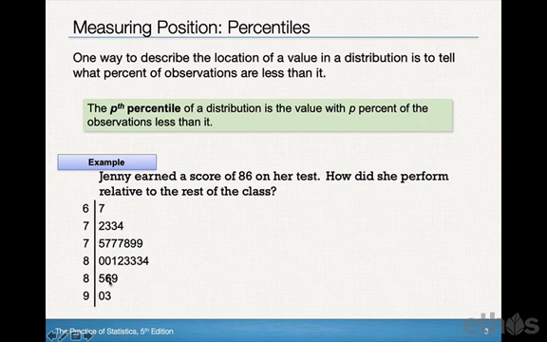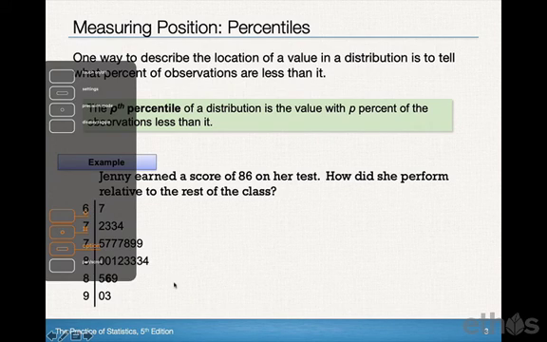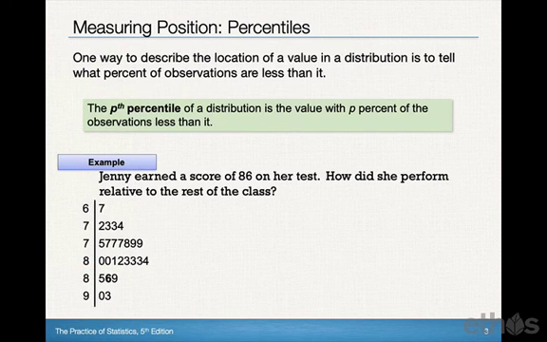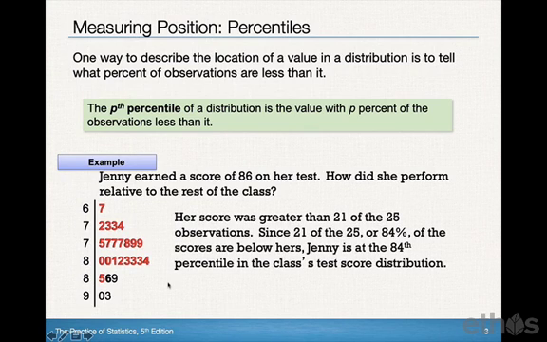Then you notice Jenny's score of 86 is the 22nd data point in the distribution, so it has 21 data points less than it out of 25. There's where you get your percent. 21 out of 25 is the 84th percentile. Make sure you don't say 22nd out of 25 by counting Jenny's score. Always count the ones less than, okay?